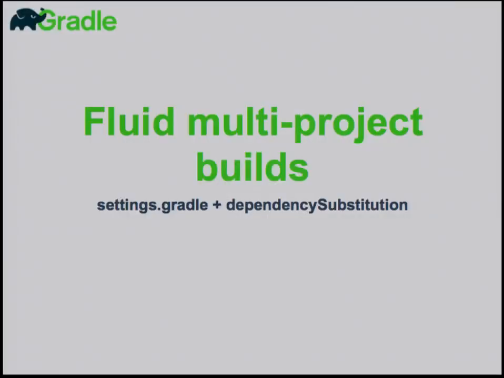So I guess the answer to fluid multi-project builds now is a custom settings.gradle file and dependency substitution. There's lots of potential things we can do. Laurent hinted at some of them, which is basically trying to get rid of this concept of a fixed settings.gradle file, making the concept of substitution of dependencies a core concept of Gradle.